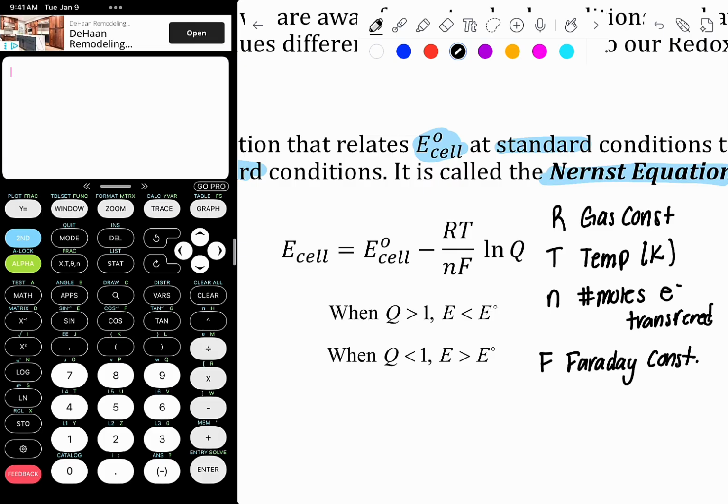We've looked at an equation earlier in this chapter when we were talking about the spontaneity of redox reactions that had all of these variables involved, except instead of using Q, we were using K. So the specific thing here is that we're using Q. Q means we are away from our equilibrium.